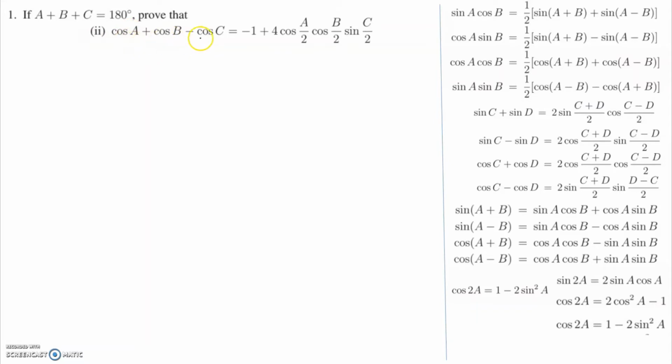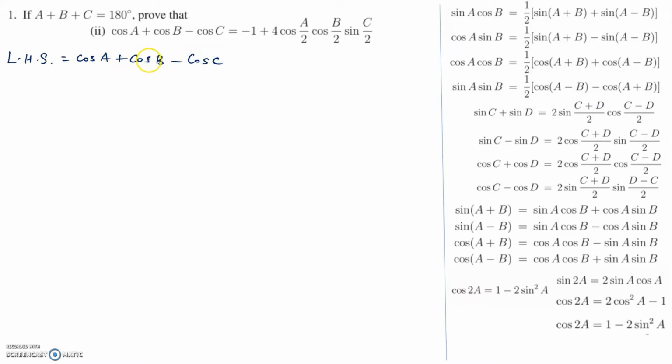Part 2 of question number 1. Cos a plus cos b minus cos c is equal to minus 1 plus 4 times cos a by 2 cos b by 2 sine c by 2. So let's take the left hand side, which is cos a plus cos b minus cos c.